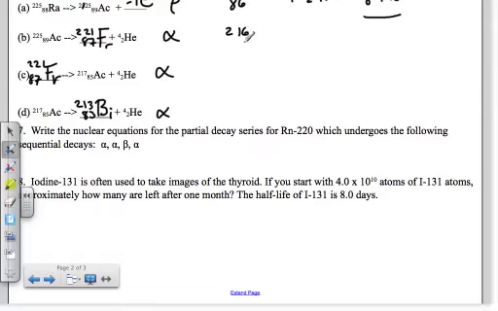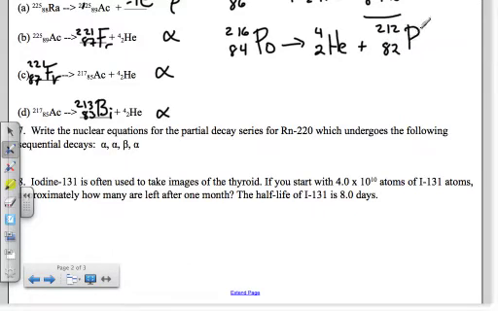So 216, 84, polonium, another alpha, and the product here is lead, 212. Then I'm going to do a beta with the lead. So the daughter becomes a parent. So we're doing part of that radioactive series type graph that we showed you in the notes.